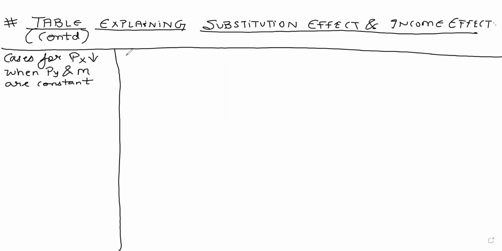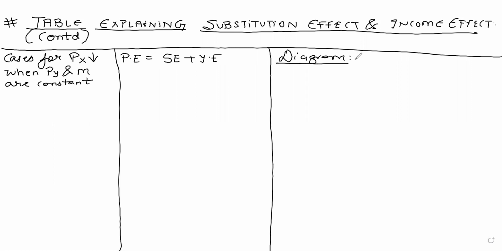Okay, here we have the price effect, which is the sum of substitution effect plus the income effect. And then we have the corresponding diagram to illustrate this case.